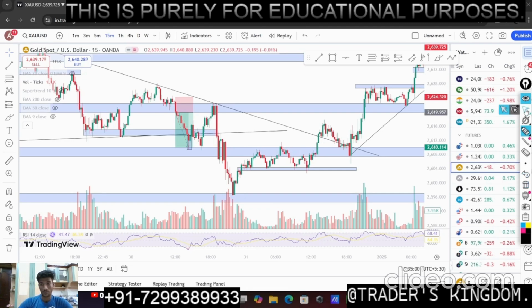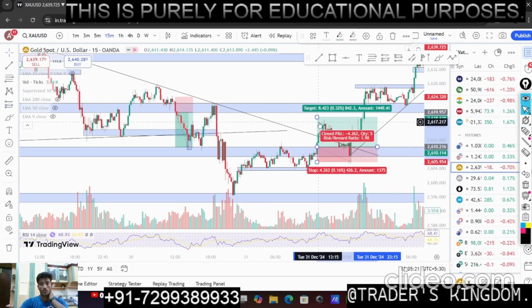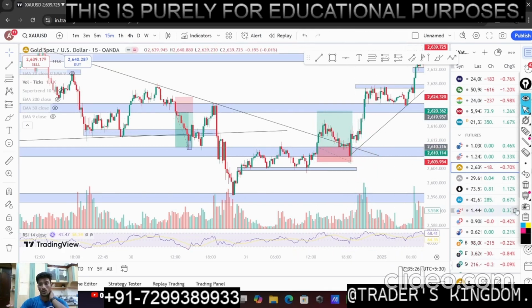That is also a part of my setup: if a definite pattern is being formed, resistance, support, resistance, support, and that pattern does not continue into the resistance, the probability of breaking out is pretty high. So the second trade could have been somewhere like this. This will be the stop loss and this will be your target, and here the stop loss would have gone because of this impulsive candle, and you could have re-entered if you had a choice back here.